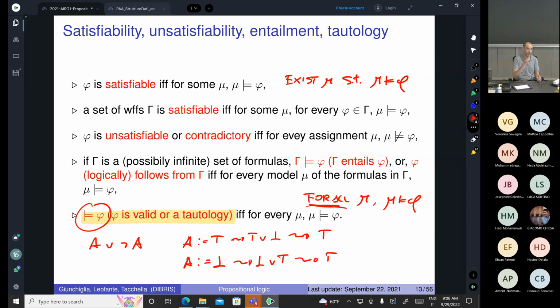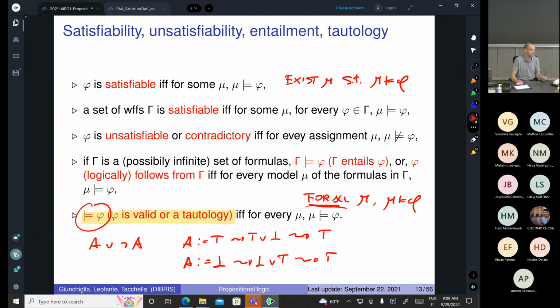A formula can be satisfied under some assignments and not under some others. So when you negate a satisfiable formula, you don't know. But you know that a contradiction is not satisfiable, and the negation of a tautology is a contradiction.